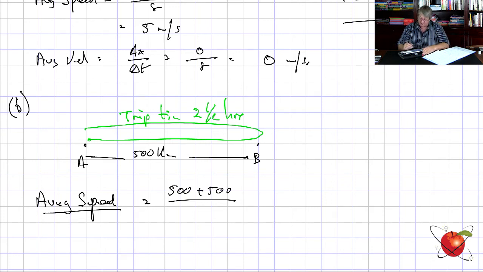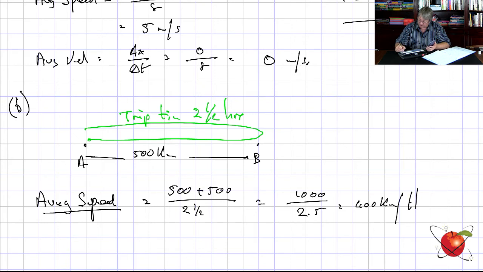Look how the drawing helps. If you're trying to remember this in your head, the chances are that the 500 stays in the head. You don't think of it as 1,000 because you're not seeing the picture. Remember, a picture's worth 1,000 words. Over a time of 2.5, that's 1,000 divided by 2.5, and my answer is 400 kilometers per hour. That sounds about right for a plane, doesn't it?